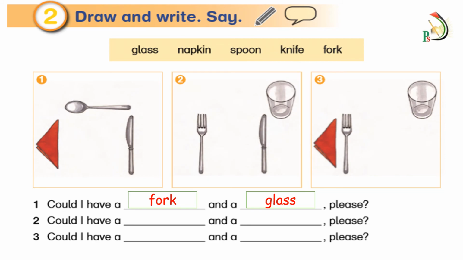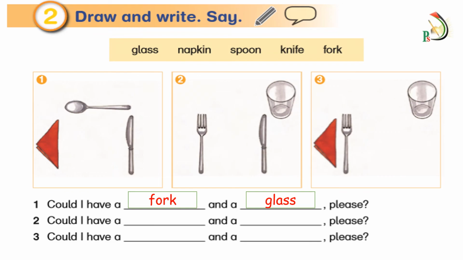Okay? How can you ask? Please go down to question number 2 and complete. And please don't forget to choose the suitable words from the brown box. Could I have a and a, please? Write your answers down. Now check your answer.